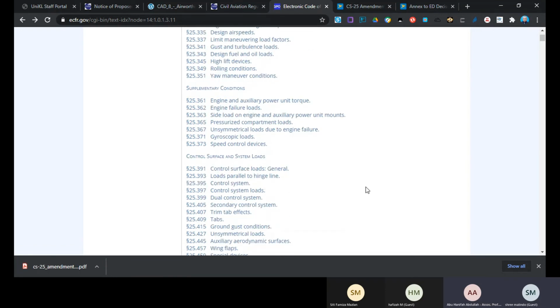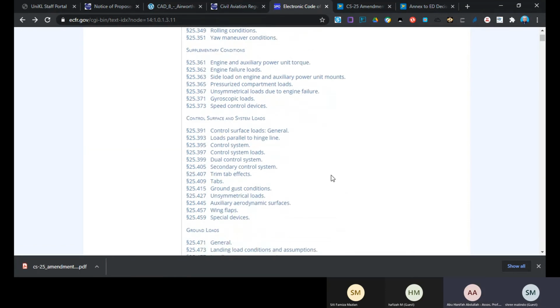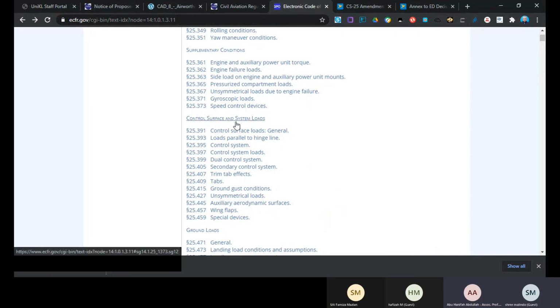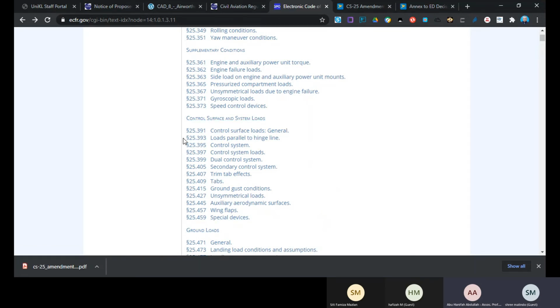Okay. And control surfaces load, as you operate the control surfaces, giving the load translated to your control system, to the push rod, to the bracket, to the cable, and you have to consider that. You have to calculate that. In modern aircraft, the load goes from the flaps to the push rod to the actuator, and the actuator is attached to the aircraft structure.